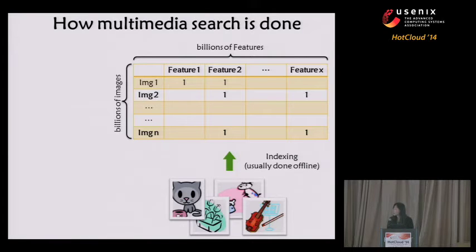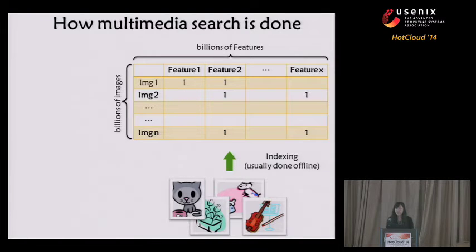Generally, given a collection of images, the search engine first builds an index table for them. This procedure is usually done offline. The rows of the index table represent images, and the columns of the index table represent distinct features extracted from the images.